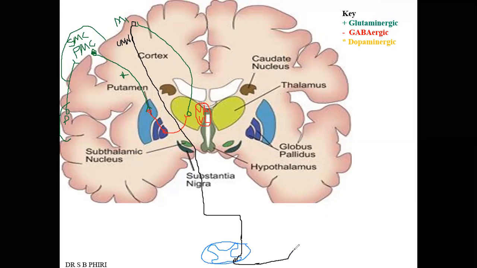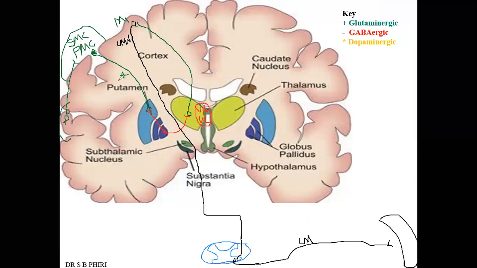It will join the spinal nerves. Then this spinal nerve, the lower motor neuron, is innervating a specific muscle that will bring about that desired movement or muscle movement.